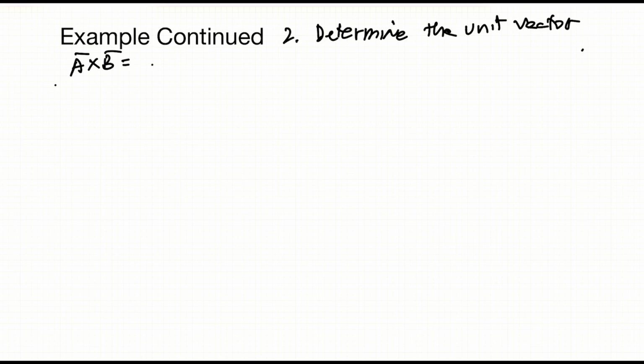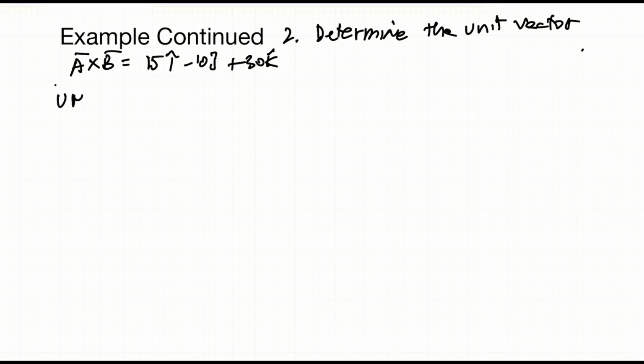Now the second step in this is going to determine the unit vector. And so we know that A cross B is 15i minus 10j plus 30k. So that's going to be the vector perpendicular to the plane of the A and B vectors.